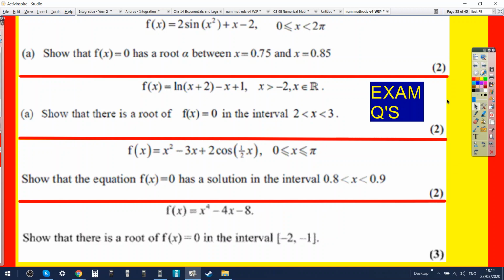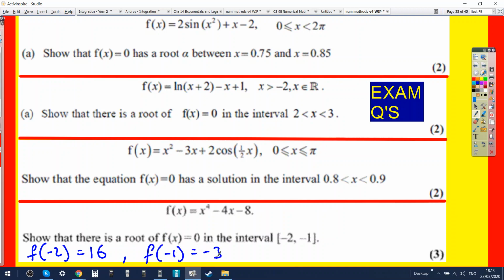Okay. So for the first one, I get 16. So f of minus 2 is 16, and then the second one is minus 3.